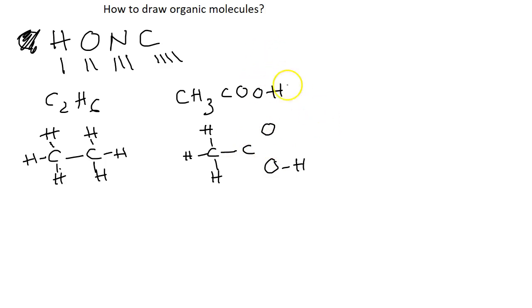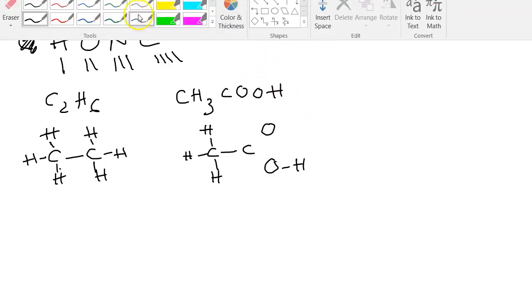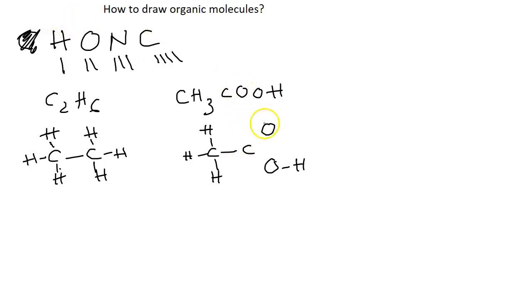One possibility, and I'll use a different color here, is you can say this carbon binds to this oxygen, then this oxygen binds to the other oxygen, and that binds to an H. If that's the case, this oxygen has 2 bonds, it's set, and this oxygen has 2 bonds, also set.